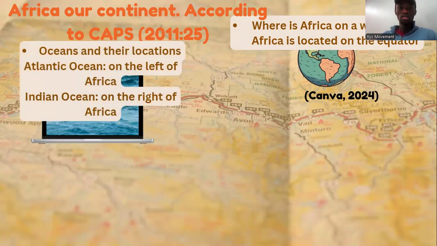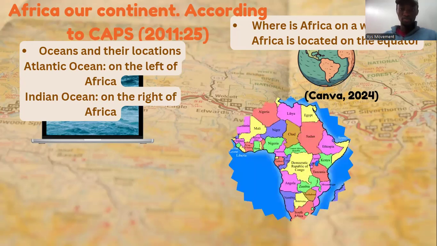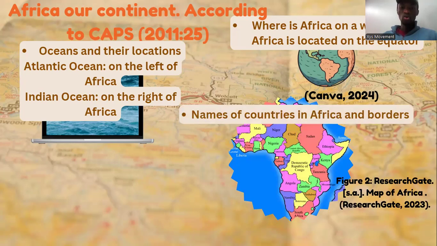Another one is that we're going to look at oceans and their locations, particularly the Atlantic Ocean. The oceans around Africa are the Atlantic Ocean, on the left of Africa, and the Indian Ocean, on the right of Africa.